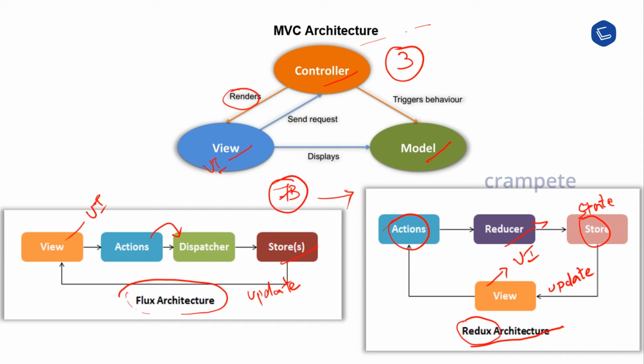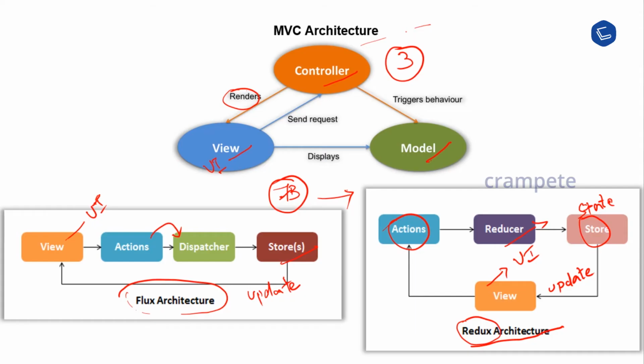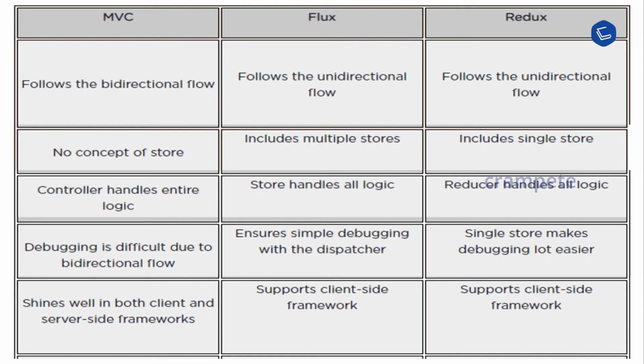A few more differences to take a look at, from the Flux architecture and Redux architecture. A few more differences to compare between MVC, Flux and REDUX are from the data flow direction.